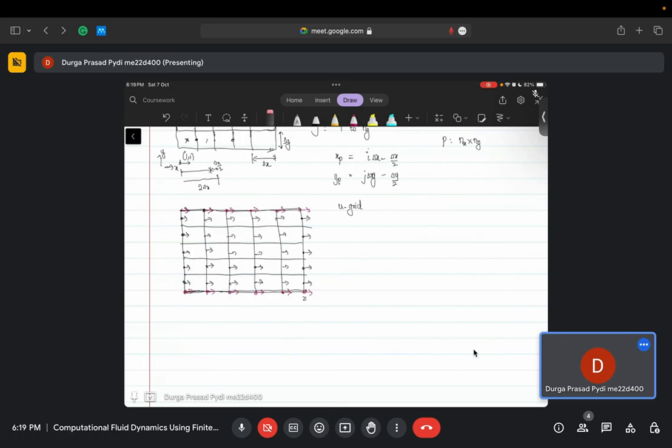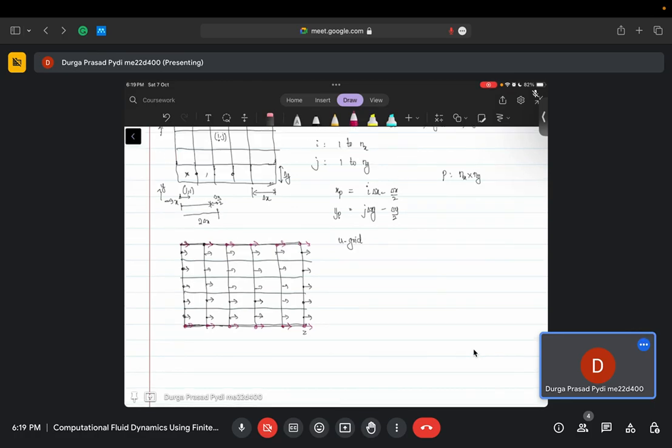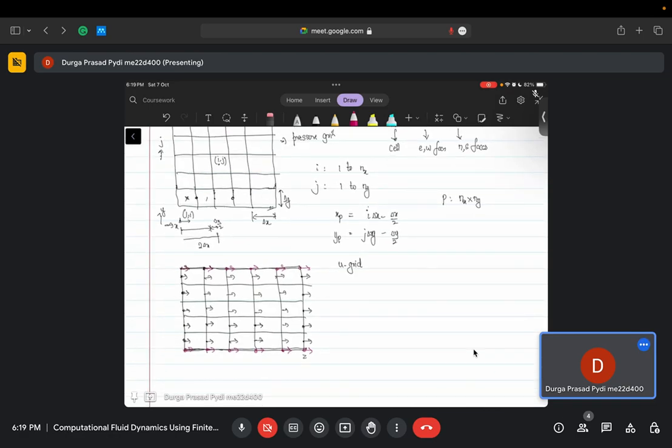But before this we will just write xp and yp as well. Just as the name implies, this is a staggered grid, so you have these faces aligning with this.